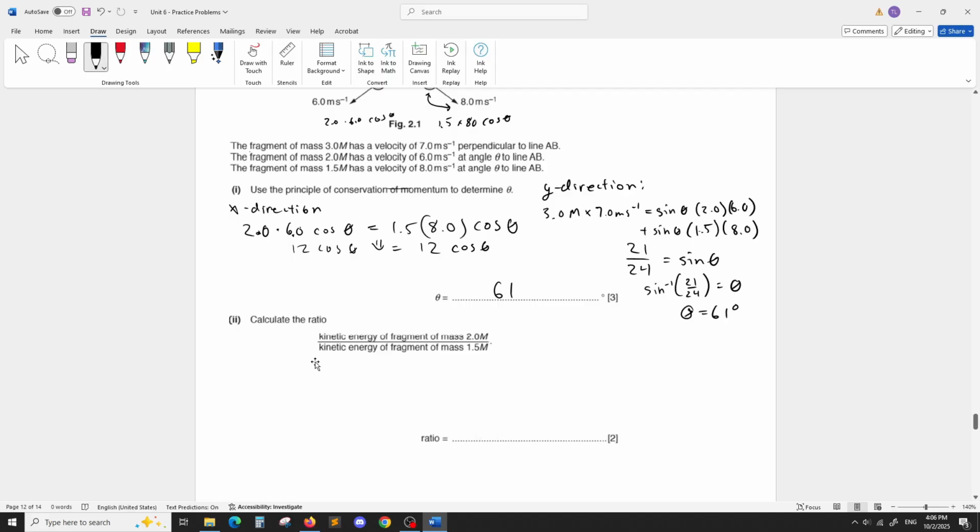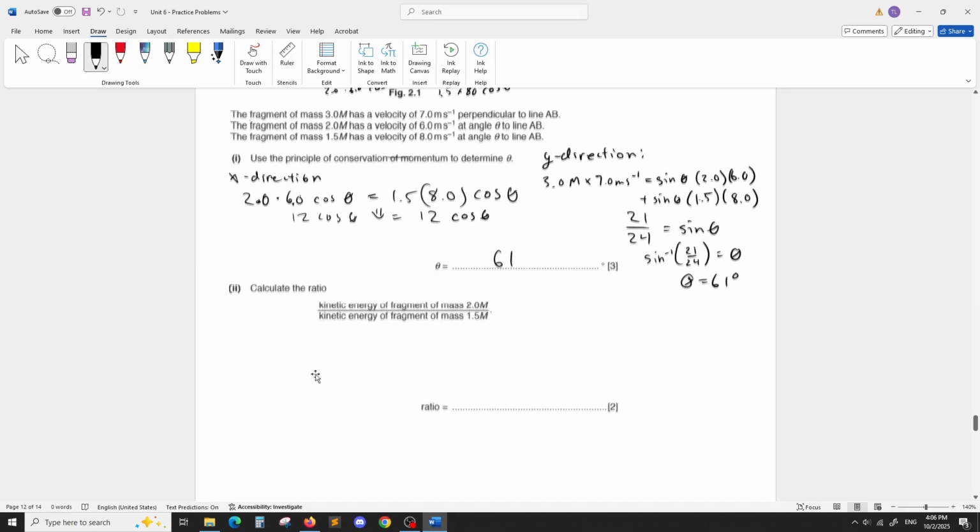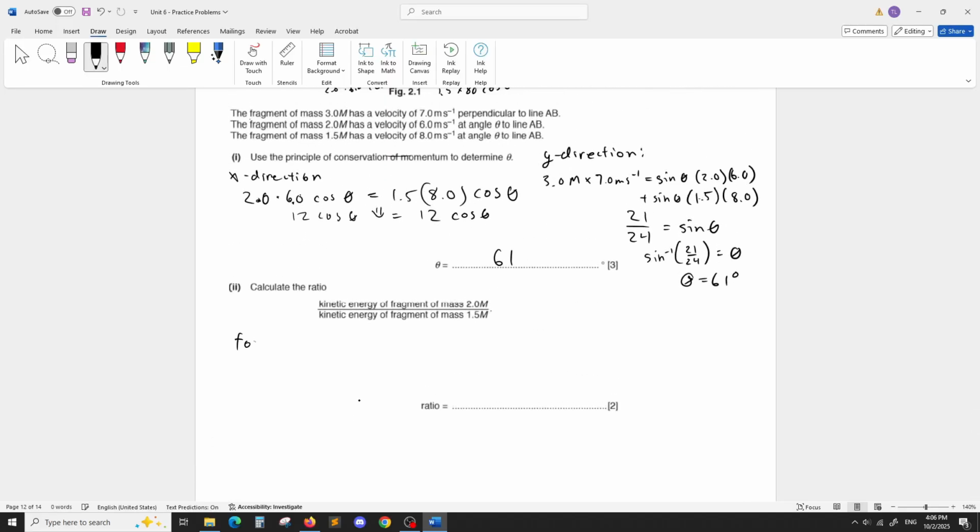But yeah. Calculate the ratio of the kinetic energy of the fragment of mass 2.0 and the kinetic energy of the fragment of mass 1.5. So let's calculate the top and then the bottom, and then we'll take the ratio. I should mention that kinetic energy is equal to 1/2 mv squared.